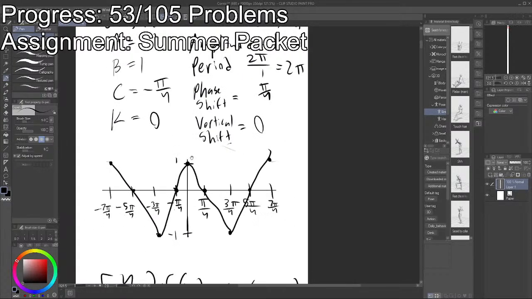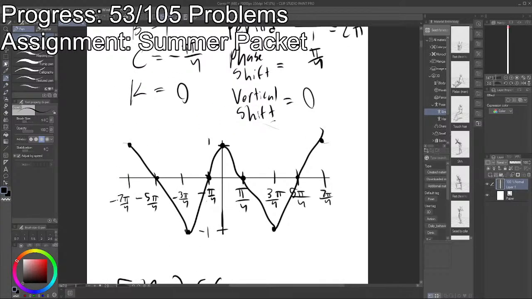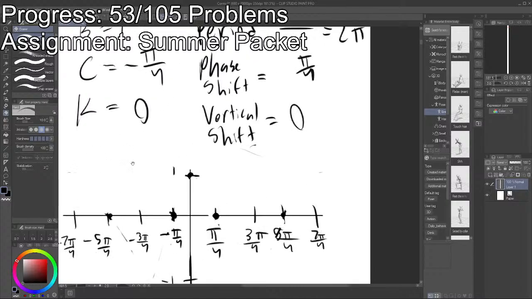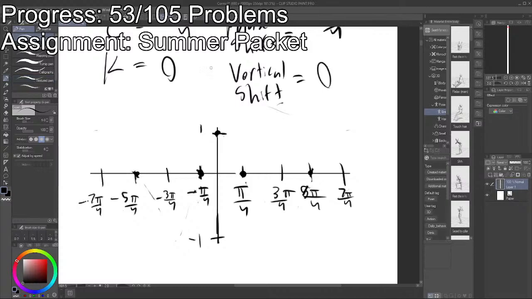Wait a minute, I messed this up for the first one, I just realized. I didn't start at the phase shift. Oh, that's annoying. Okay, so I'd start here.